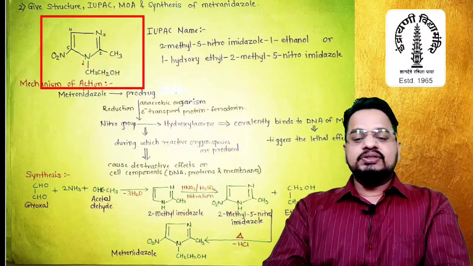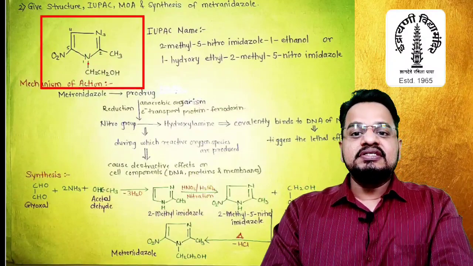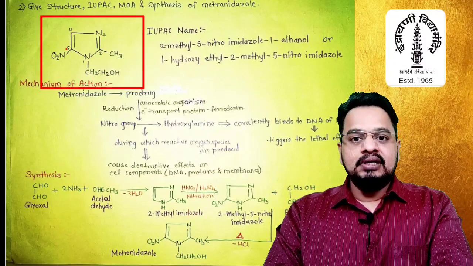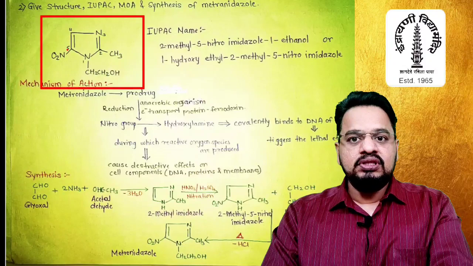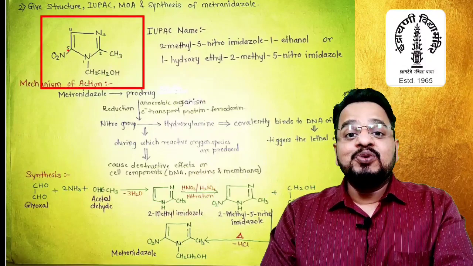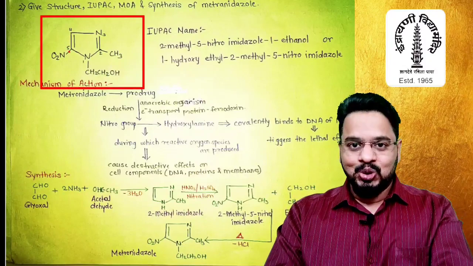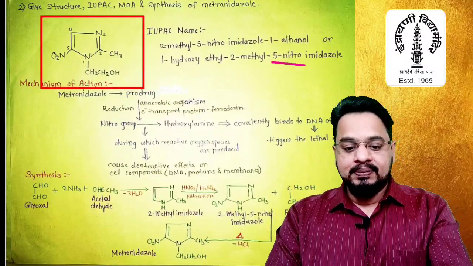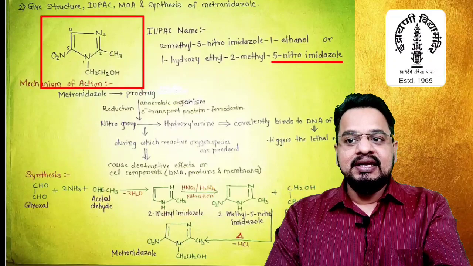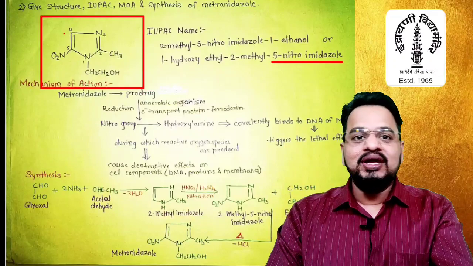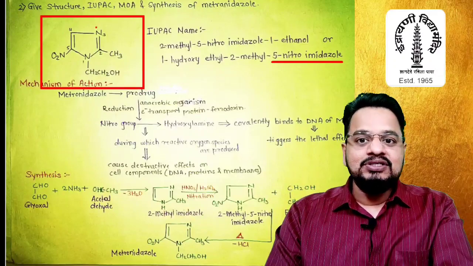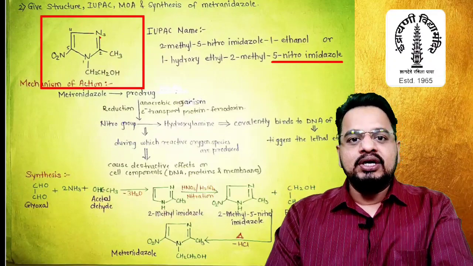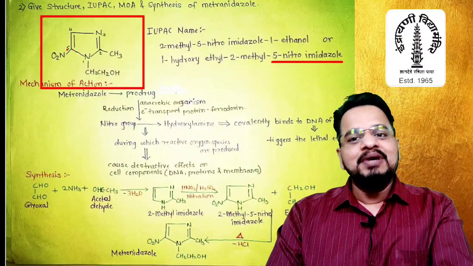Now in this metronidazole, if you can see, the first number is given to nitrogen, then second, third, fourth and fifth. So at the fifth position you are having the nitro group. So the nomenclature, the basic ring is 5-nitroimidazole. What is imidazole? The 5-membered ring with 2 nitrogens, we call it imidazole.